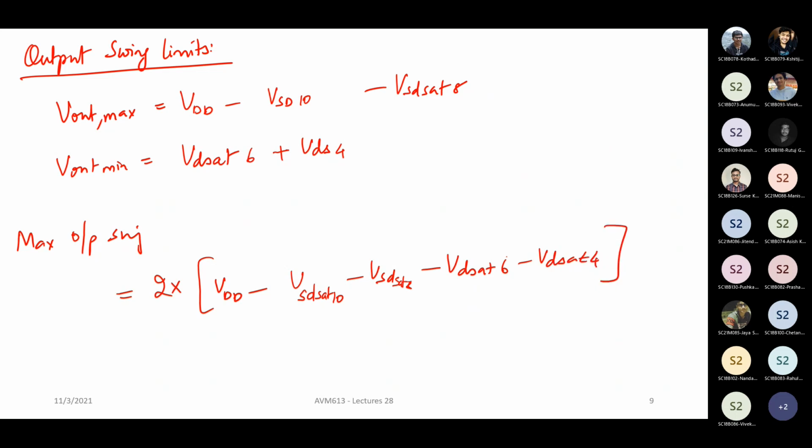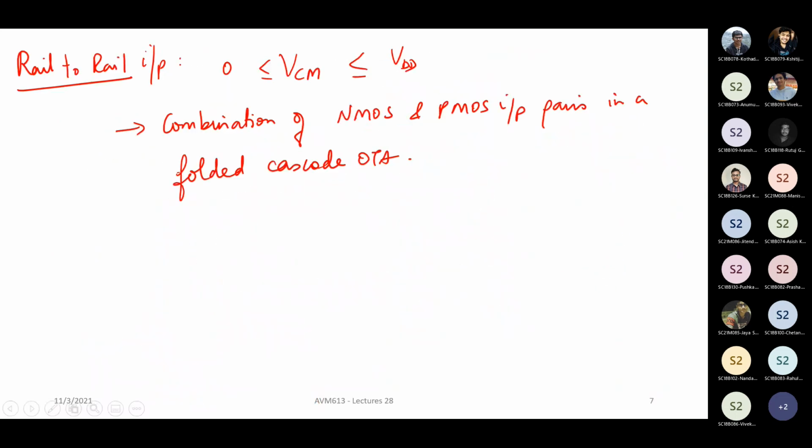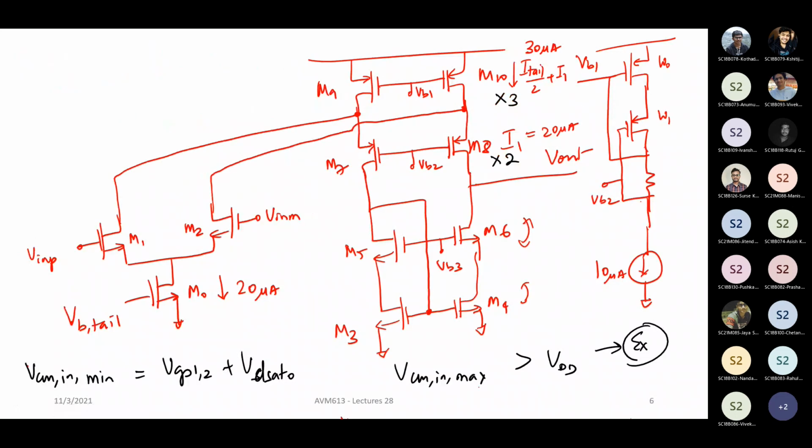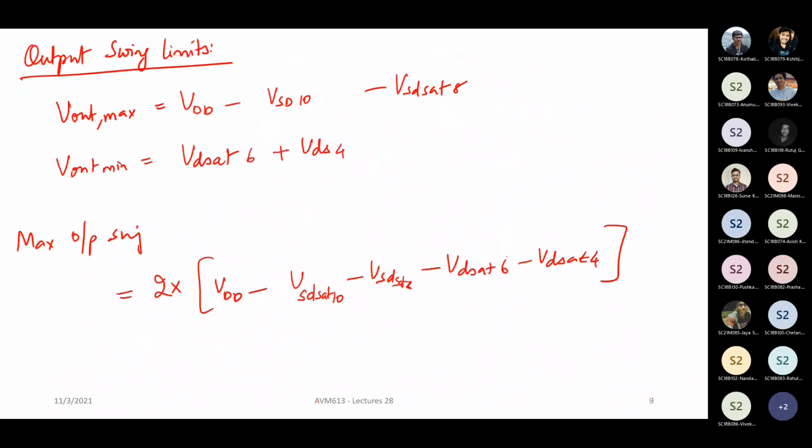That is, if you bias both the top and bottom transistors at the edge of saturation, you get all the VD sats. Otherwise, you'll have VDS of 10, VDS of 4, VD sat of 8 and VD sat of 6. Now, this is going to be your maximum output swing.